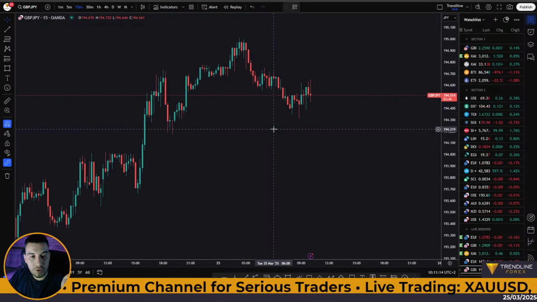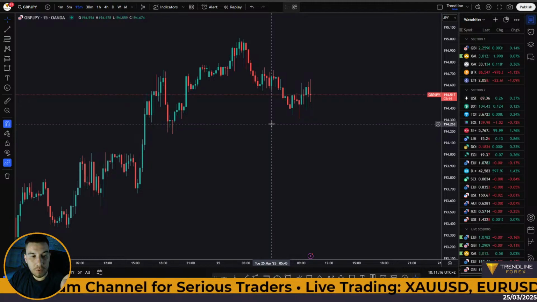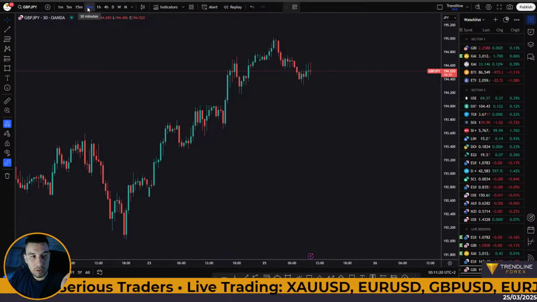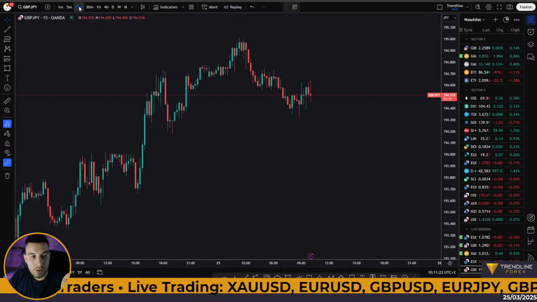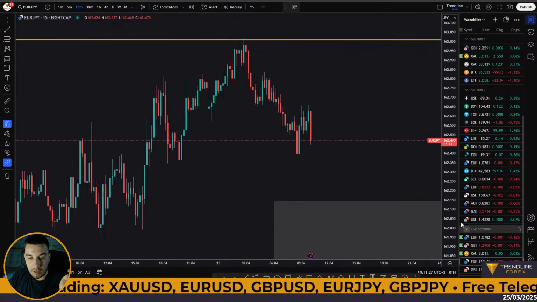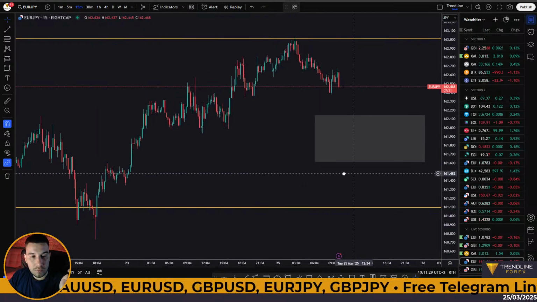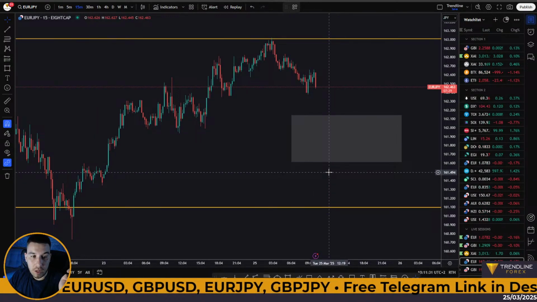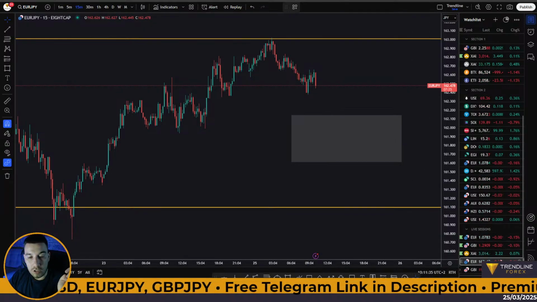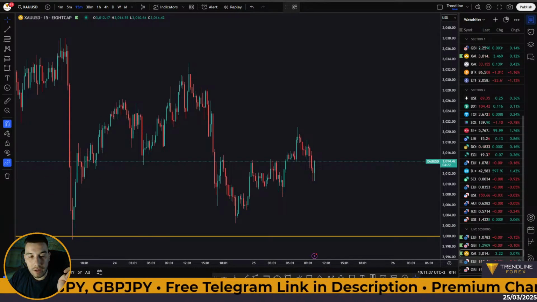Quite a steep trend to the upside, if I have to be honest with you. I don't really like price action here on pound yen, but I feel like we've got a much better setup here on euro yen instead. So it's either gonna be gold or euro yen, I feel like.